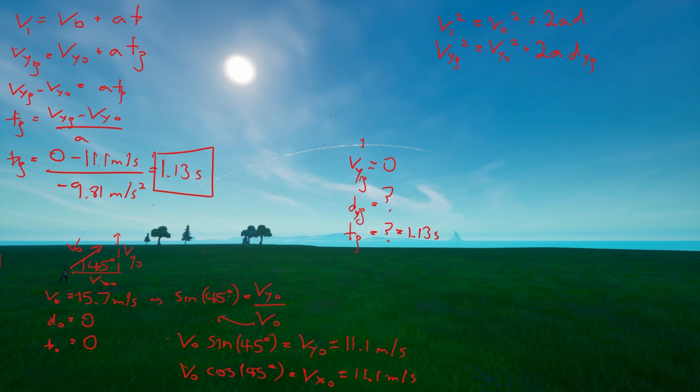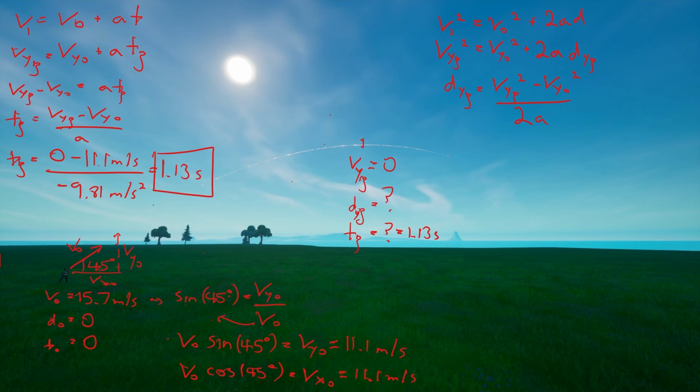Okay, now we do some rearranging, and we get dyp, so the vertical distance at the peak, equals the vertical velocity at the peak squared, minus the vertical velocity at the start squared, divided by 2 times acceleration. Okay, and we know all these values. We can just plug them in. We know the vertical velocity at the peak is 0.